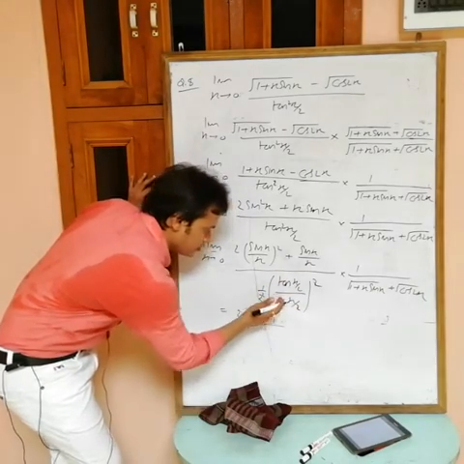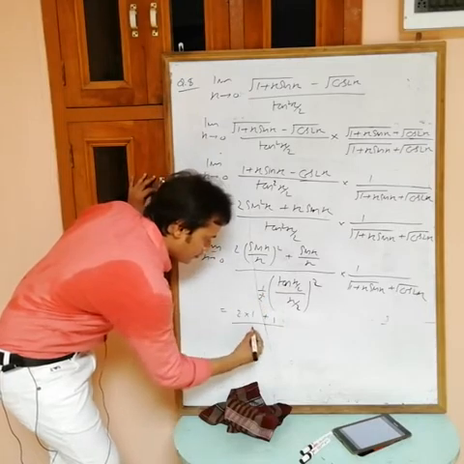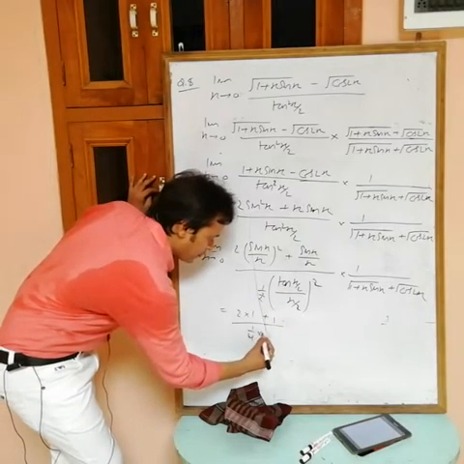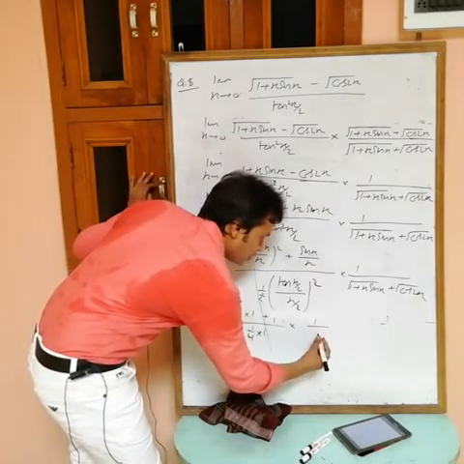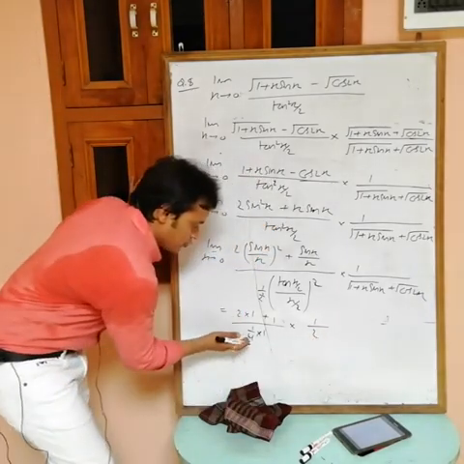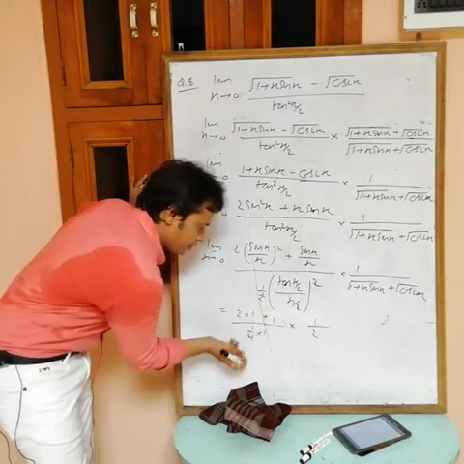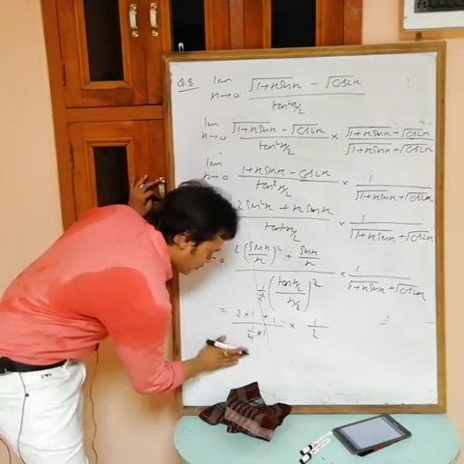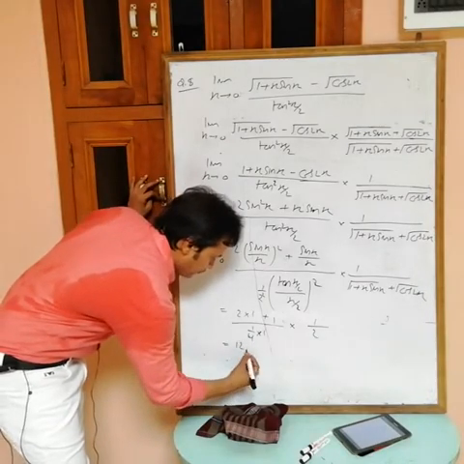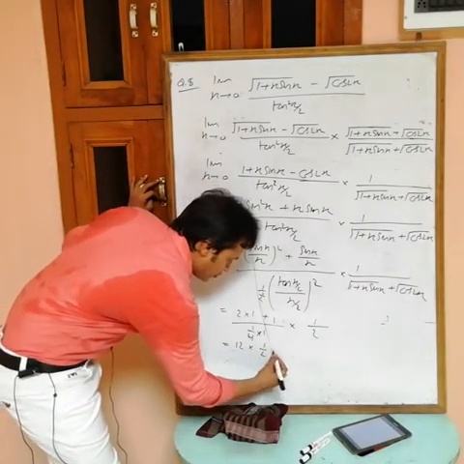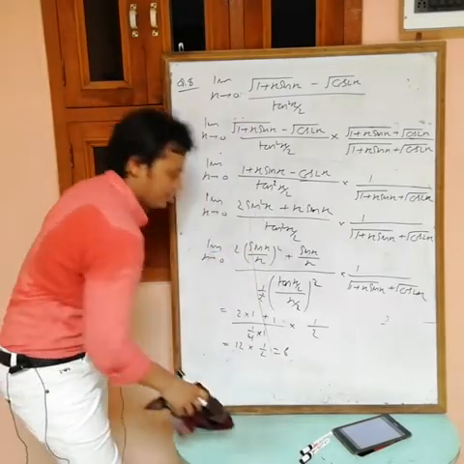Okay, this is 1 by 2 square, 1 by 4 into 1, and this one is 1 by 1 plus 1, that is 2, 1 by 4, this is 3. So what we are getting in total is 12 into 1 by 2, answer is 6. Okay, write down.